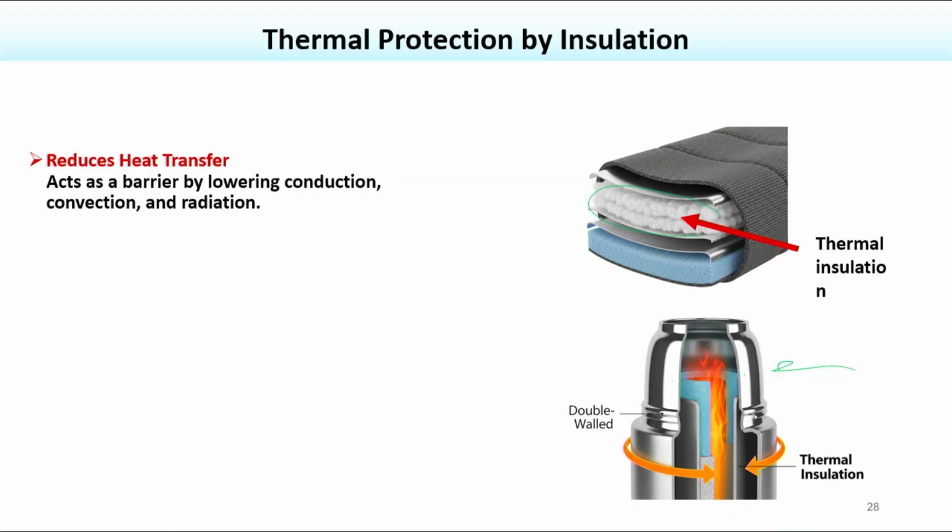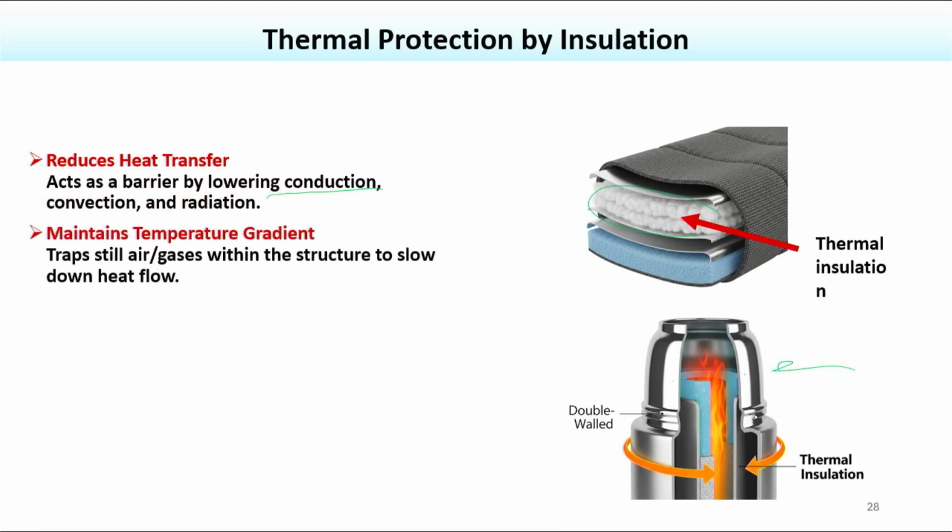So, we prevent the conductive heat from getting transmitted. It reduces heat transfer and acts as a barrier by lowering conduction, convection and radiation. It maintains the temperature gradient, trapping still air or gases within the structure to slow down the heat flow.